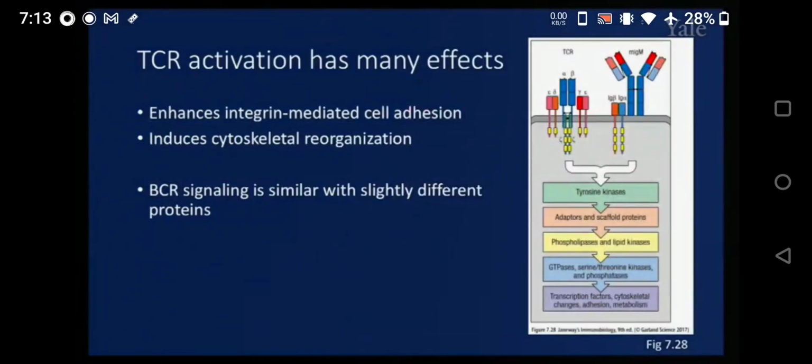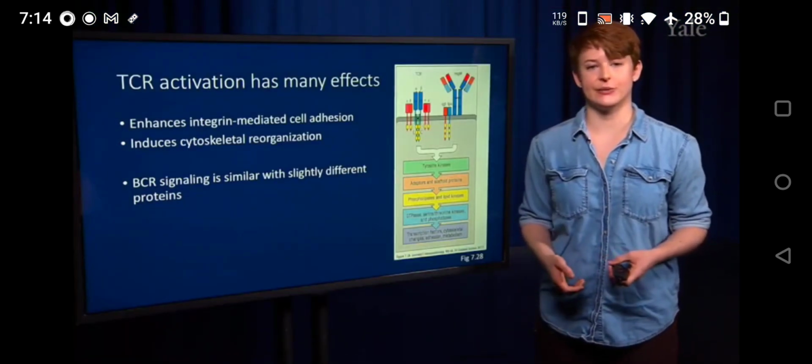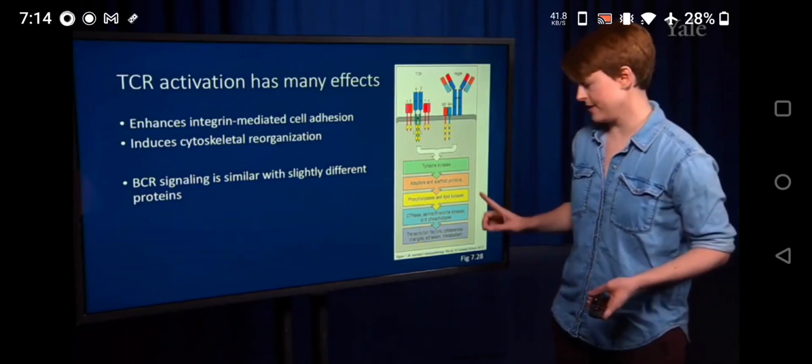We have TCR or BCR signaling, and this leads to changes by tyrosine kinases, and those kinases change adapters and scaffolds, and they lead to phospholipases and lipid kinases. Those are those PIP3, which leads to diacylglycerol and IP3.